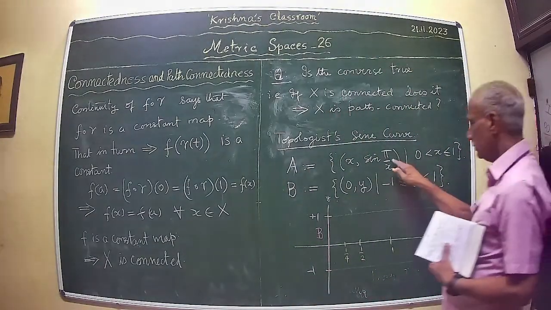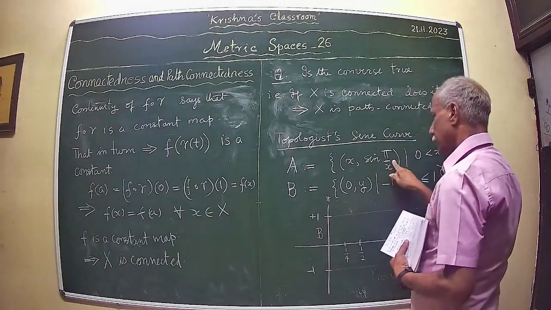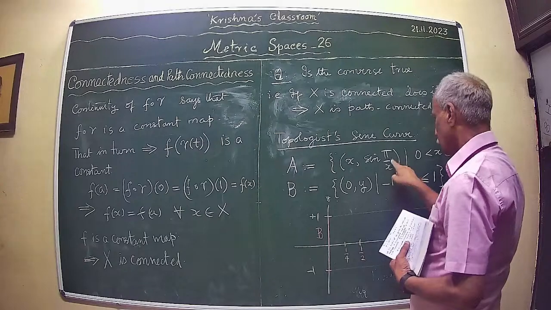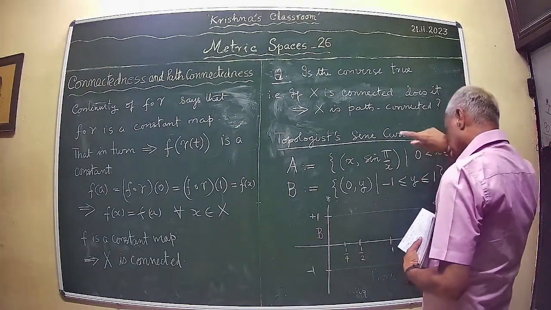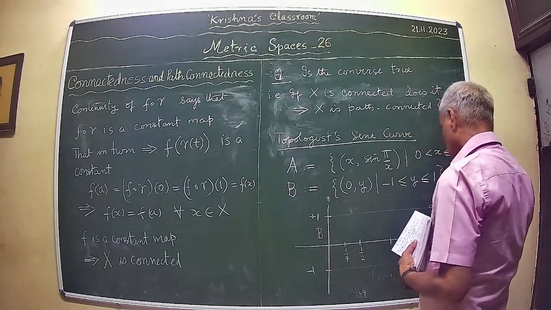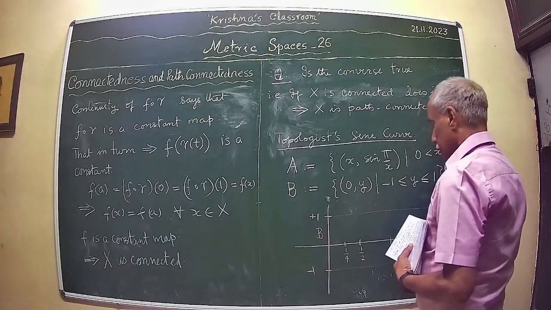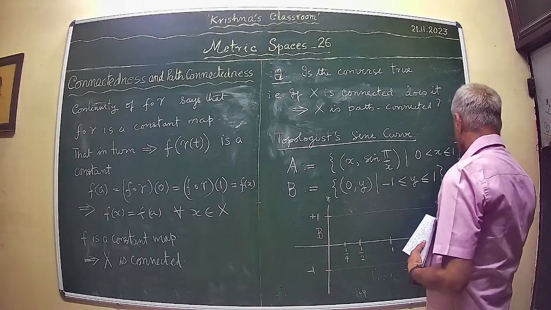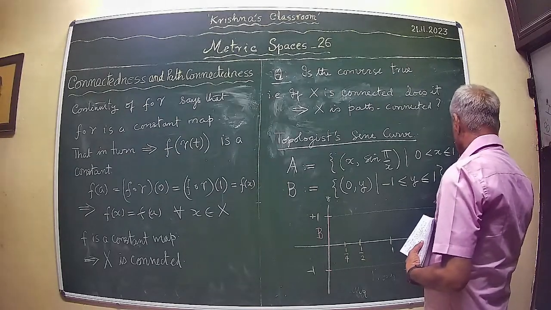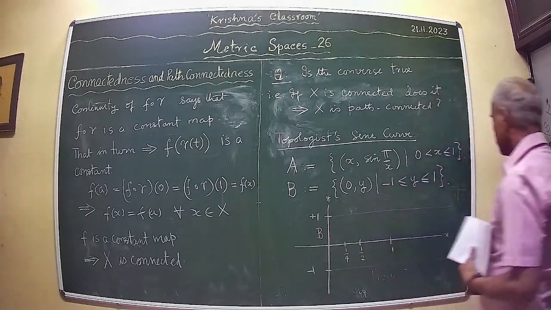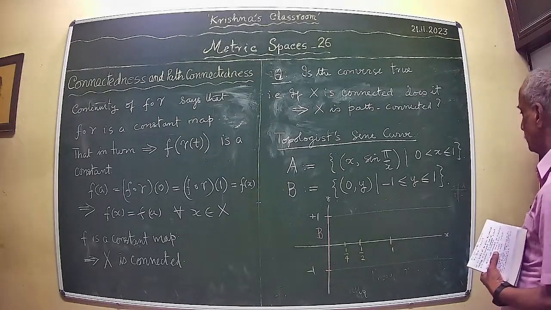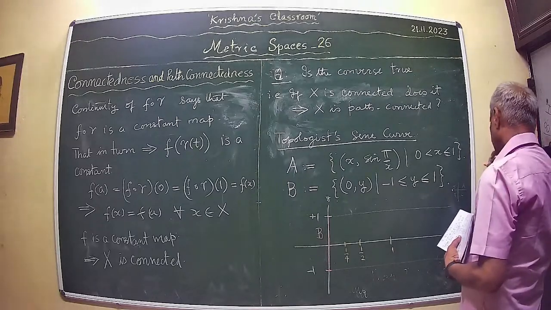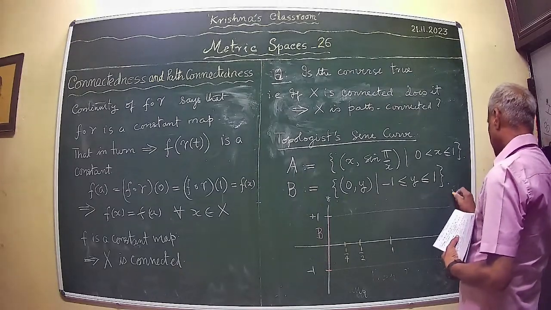This is pi, sin pi, and sin 2 pi, from pi to 2 pi, sin pi is 0, and then you have this.